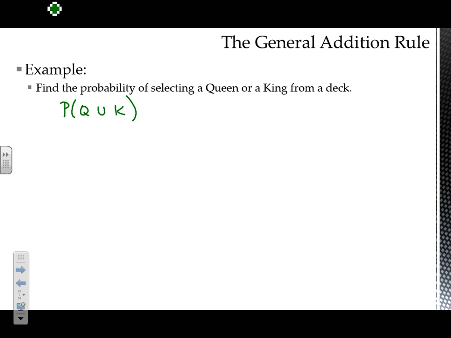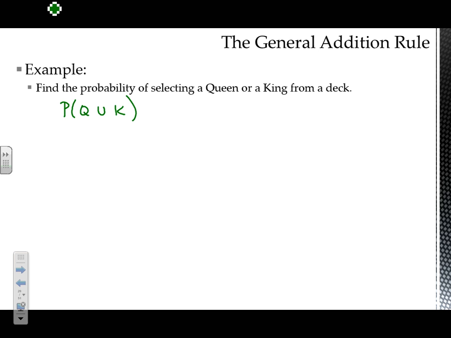In notation, you can denote Q for queen, K for king, and then the union symbol, the U. It will always be a union symbol when it says or. You don't add. If it's an and problem, the probability of drawing a queen and a king, that's going to be a completely different formula. So when it's or, it's always going to be union to start with.